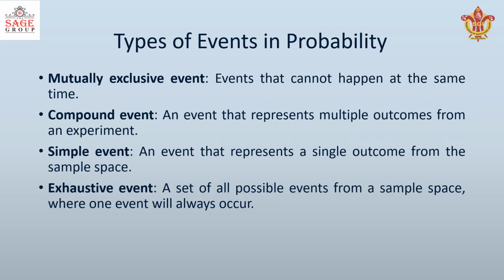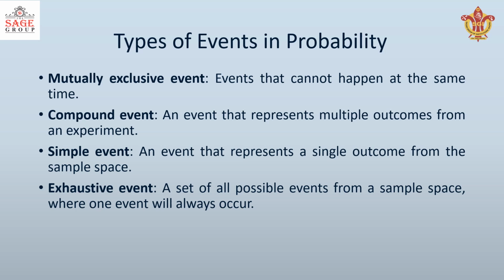Continuing the discussion on the types of events. Events that cannot happen at the same time are known as mutually exclusive events. For example, on tossing a coin once, we cannot get head and tail both. We will either get a head or a tail.